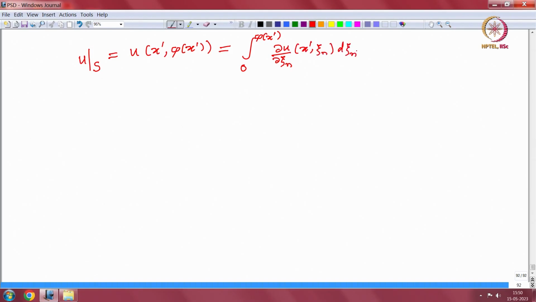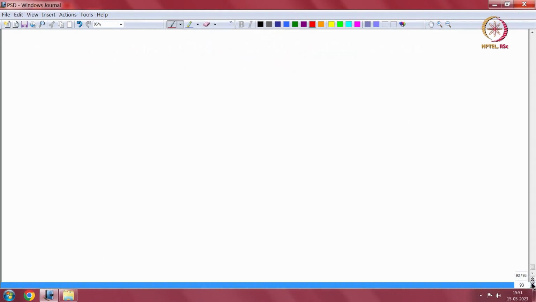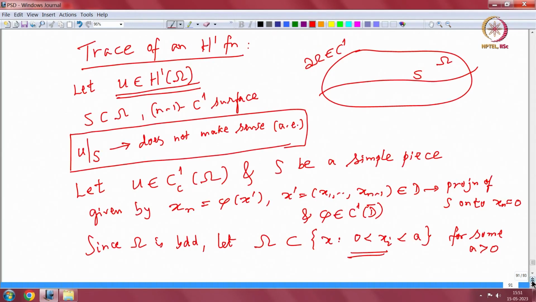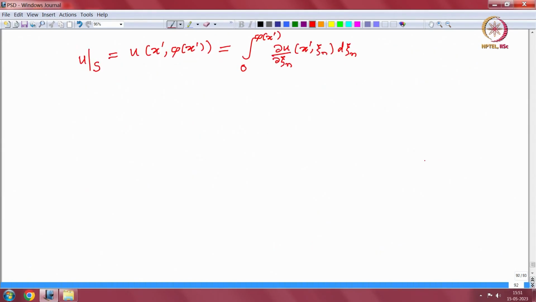See that assumption that omega is positive; otherwise I have to worry about the sign of phi of x prime, whether it is less than 0 or bigger than 0, and accordingly I have to put that thing. Now we have assumed that, so that is no problem at all. Even if it is otherwise, you can always do that. So, this helps us.